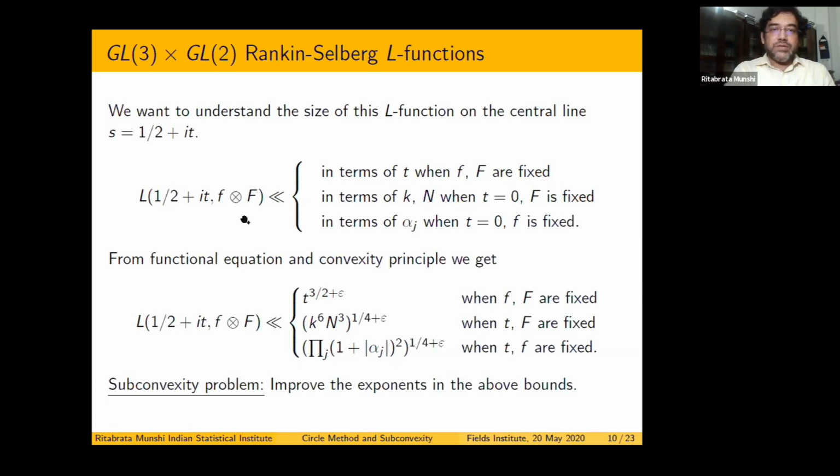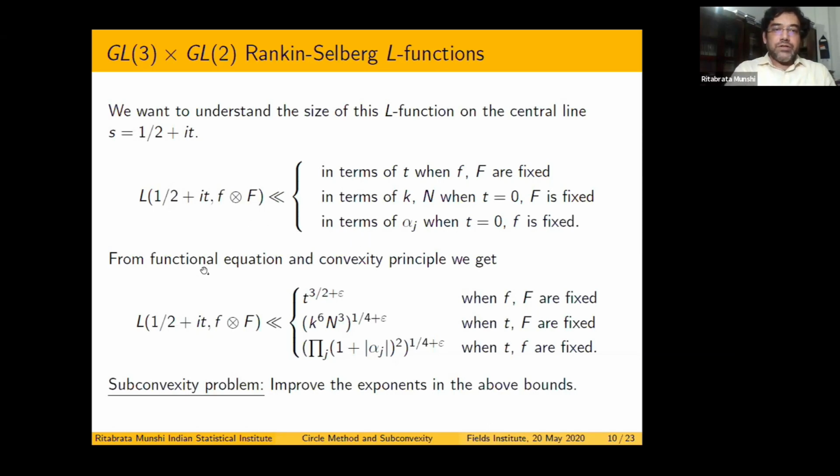So that will be the t-aspect bound. Or we can fix t at 0, the central point, fix the GL3 form, and vary the weight and the level of the GL2 form and try to find out how this varies with that. Or we can fix the GL2 form, fix the central point, and vary the spectral parameters, the Langlands parameters, of capital F and see how this is growing with that.